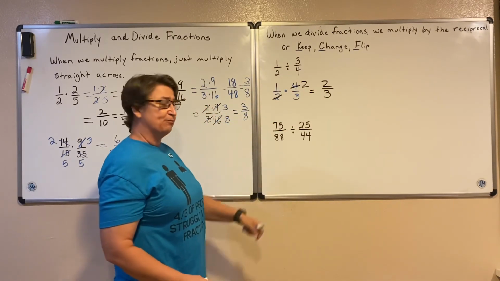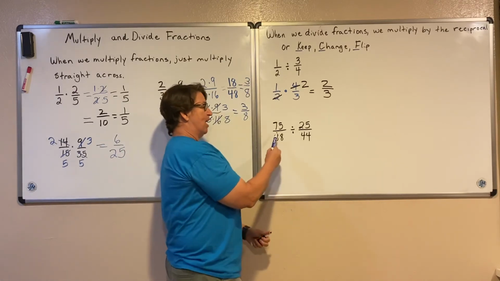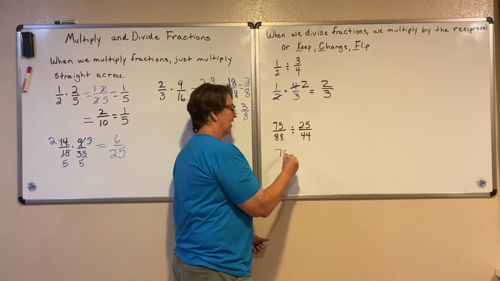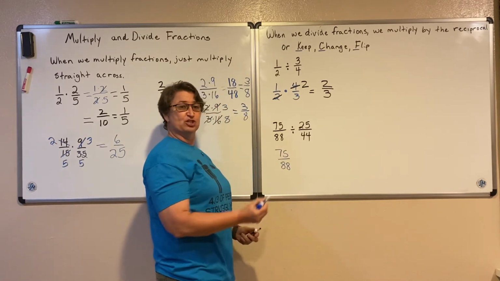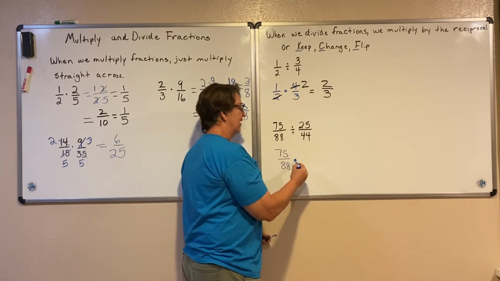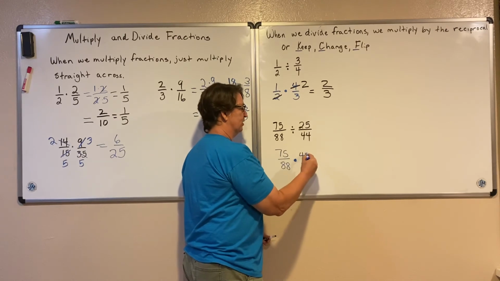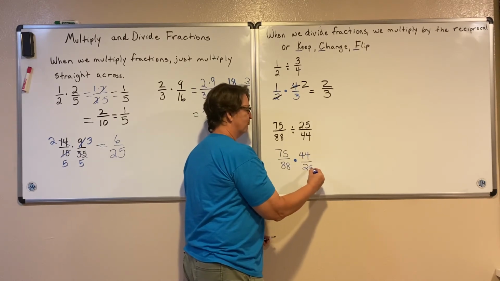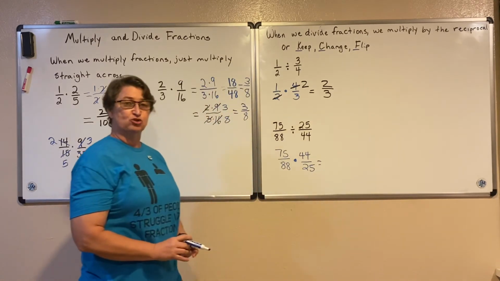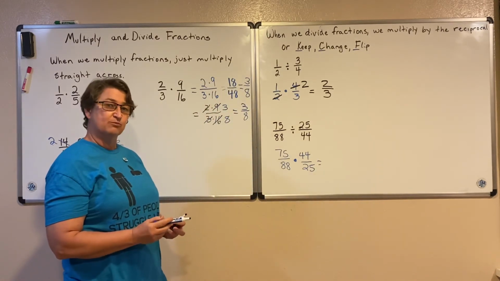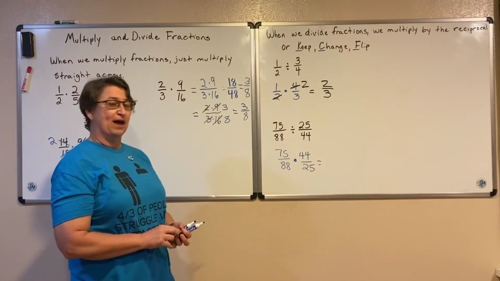I'm going to do the same thing here. I'm going to keep my first one, 75/88. I'm going to change my sign from division to multiplication, and then I'm going to flip my second one. So I have 44/25. Now I'm just going to multiply straight across. But if I can find something to simplify, I'm going to do that first.